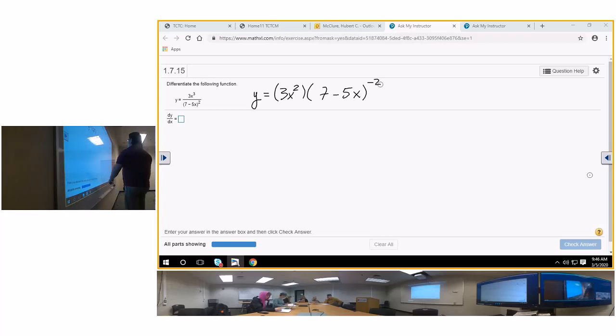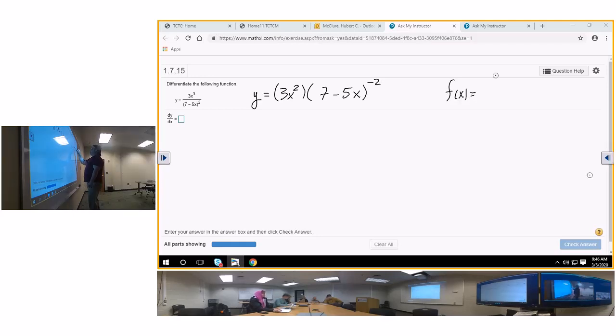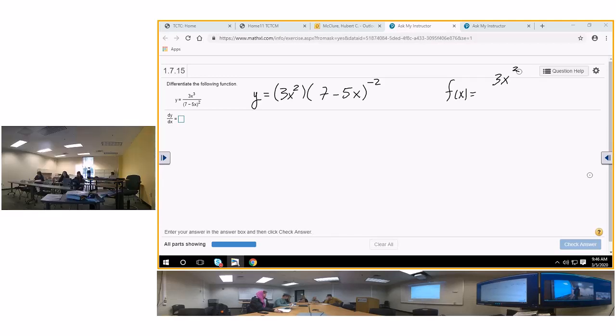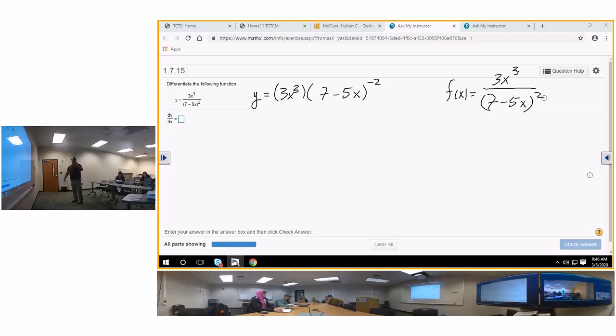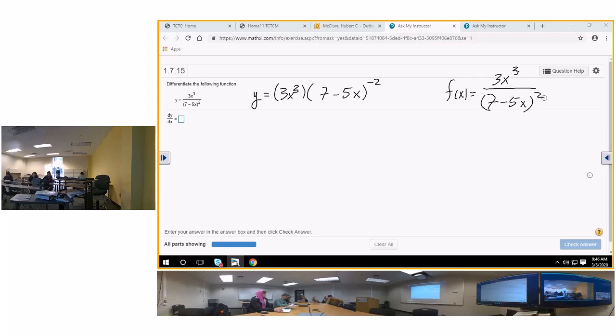And over here, we'll write it as y equals 3x to the third over (7 minus 5x) to the second power. So at this point, you could do the product rule, or you could do the quotient rule. Doesn't matter to me.